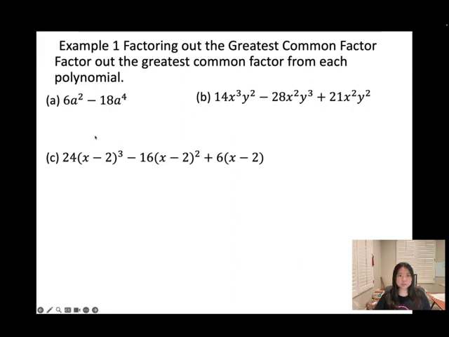So A here, the greatest common factor will be 6a squared. Okay, 6a squared. But keep in mind that when you factor out the 6a squared, you're going to leave the 1 in here. Okay, so 1 minus 3a squared.